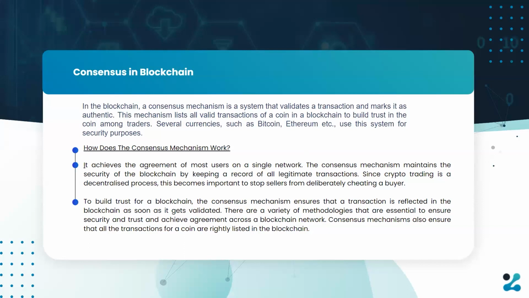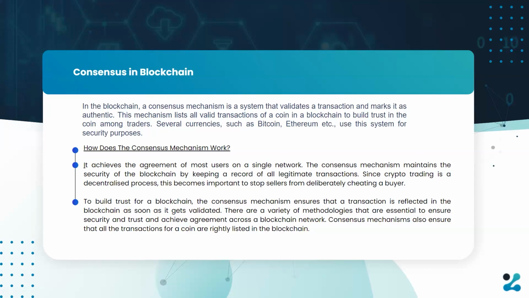So basically, consensus is required to have an authenticated system where all the transactions are validated, right? And that is going to create trust among all the users that are using that blockchain.